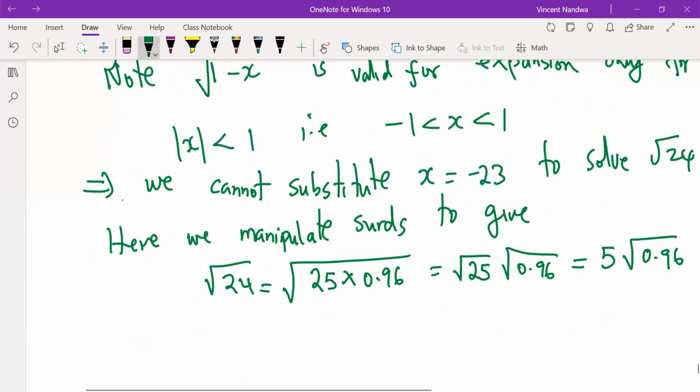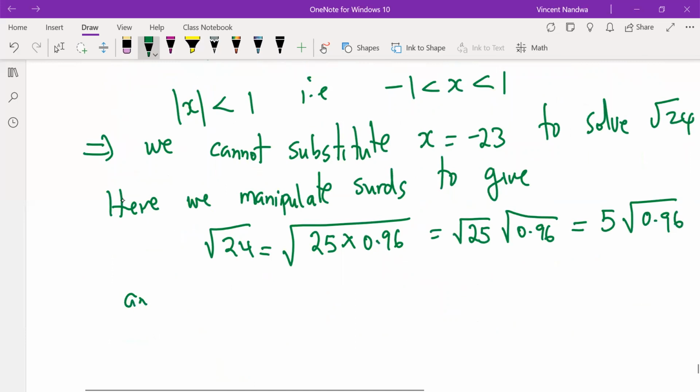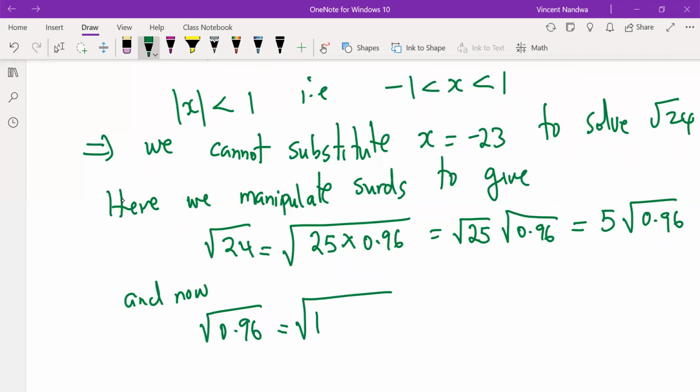And now, square root of 0.96 is the same as square root of 1 minus 0.04.